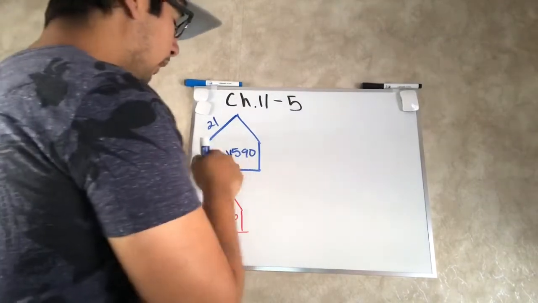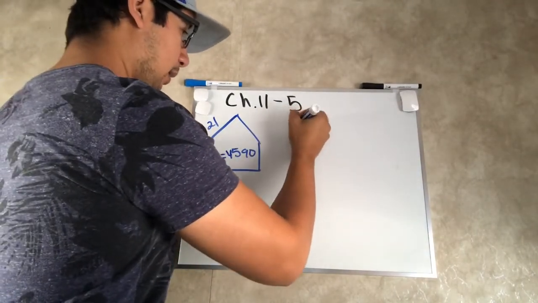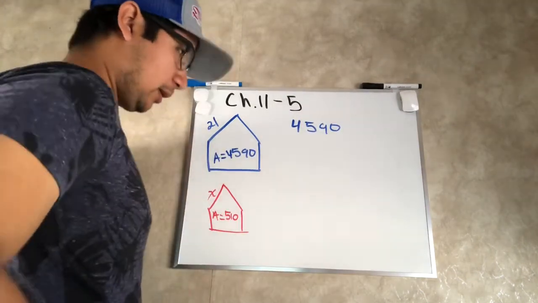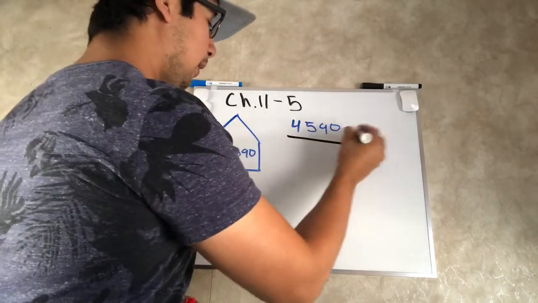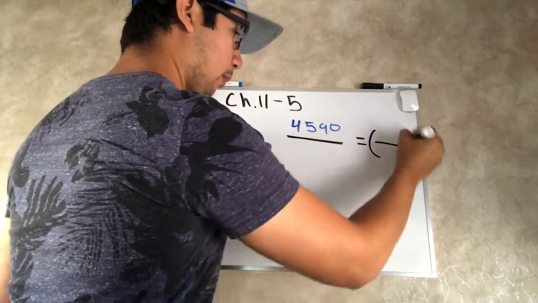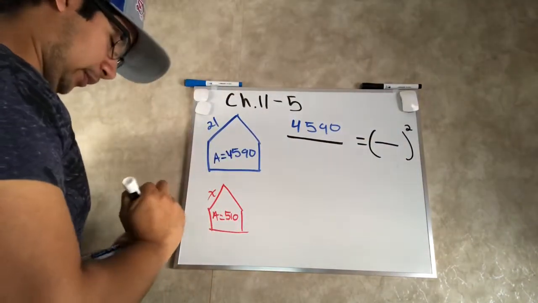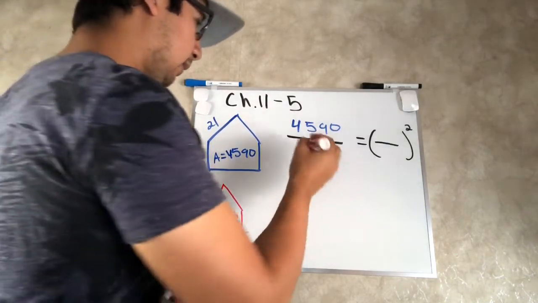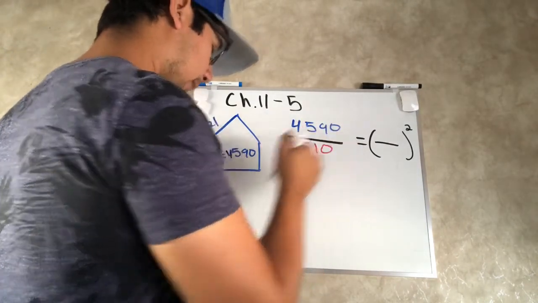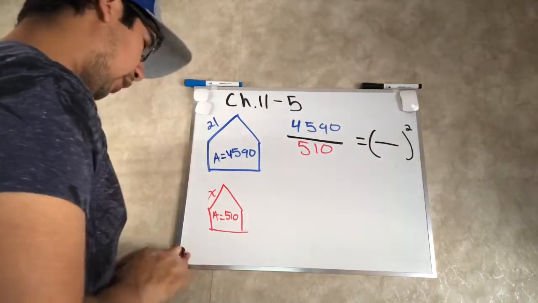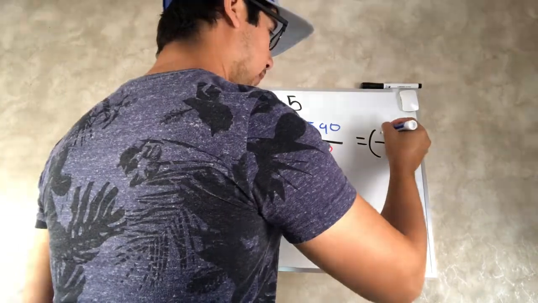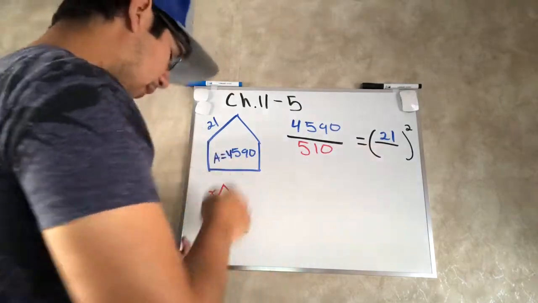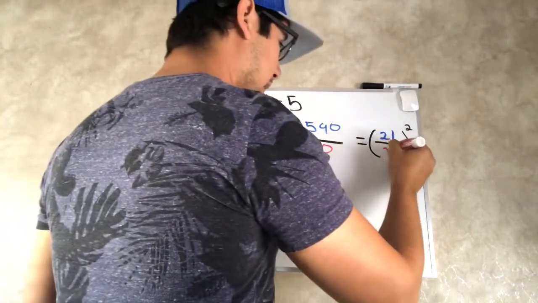So the area of the blue one is going to be 4,590 over the area of the red one, which is 510, is equal to one of the sides of the blue one, which is 21, over side of the red one. Since we don't know, we're going to label it as X.